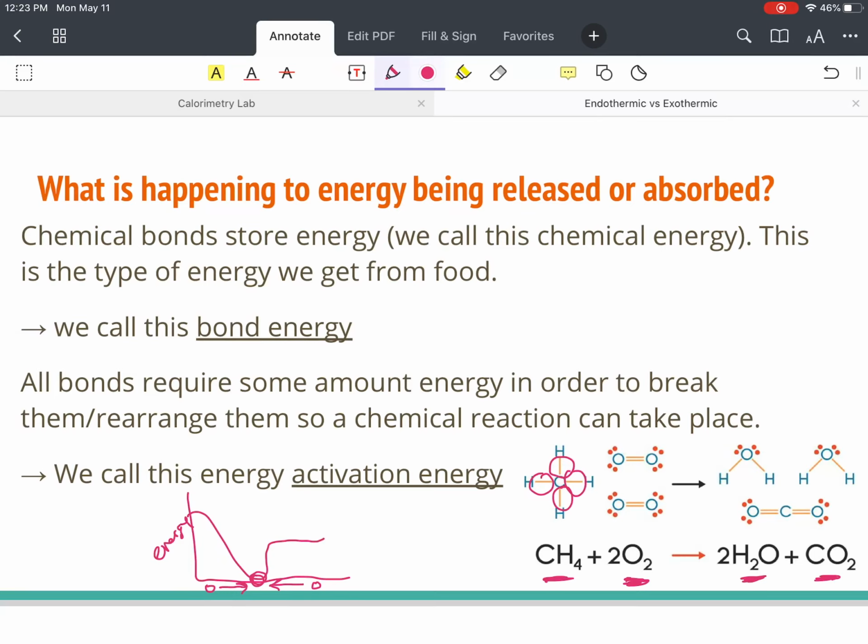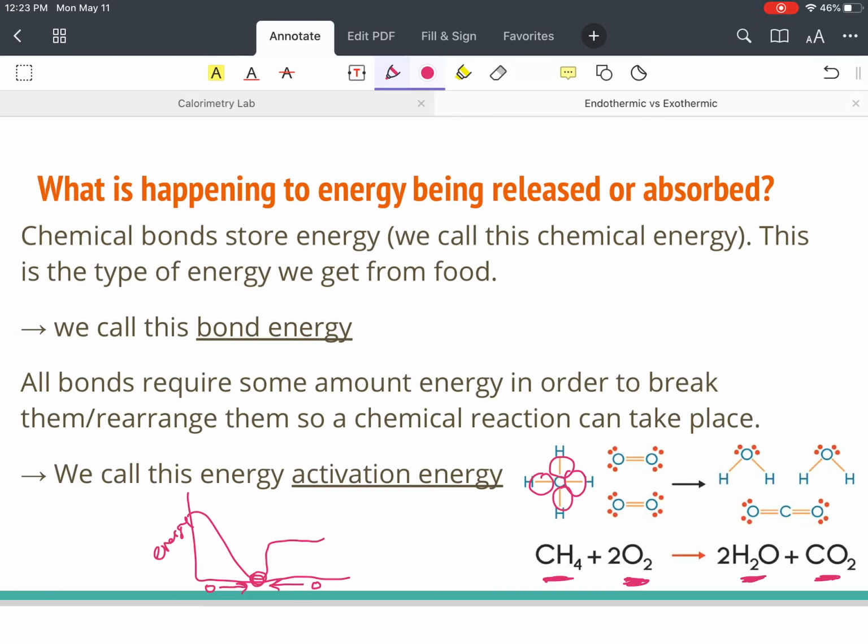And this is actually why when we eat food, the energy that we get from that food is being stored in these bonds. As our body digests these foods, it's releasing the energy that's being stored in those bonds.